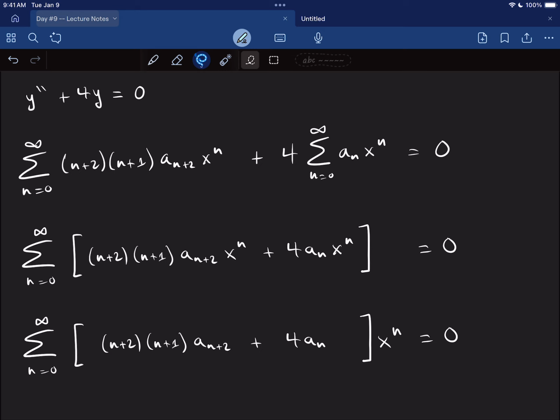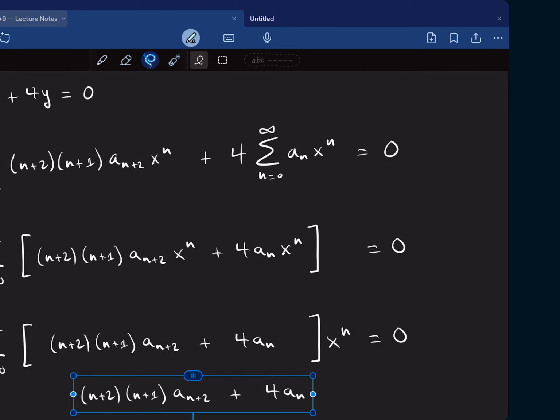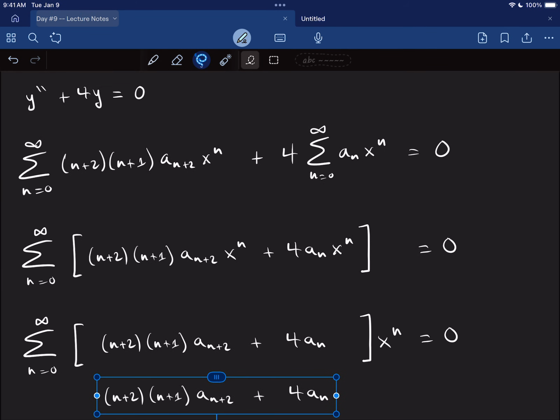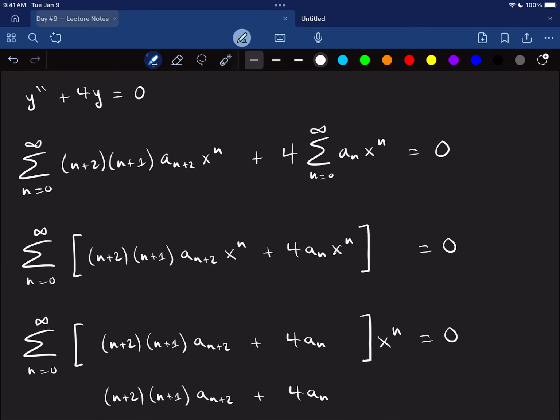So this right here is equal to 0. I'll go ahead and just box that. Great.